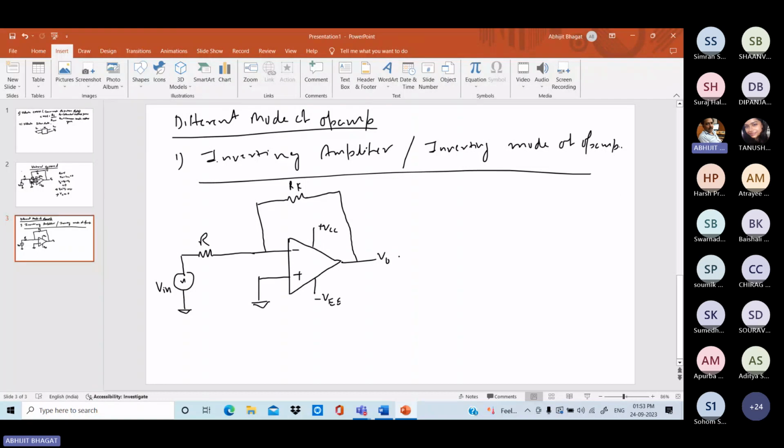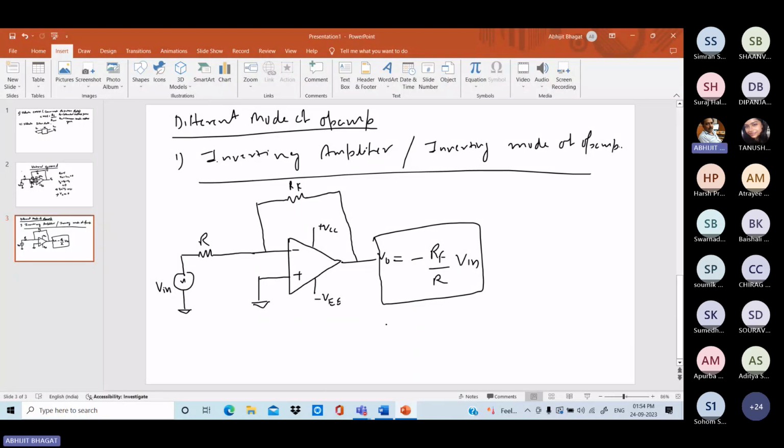Here your output voltage V0 equals minus RF by R into Vin. This is the output voltage. So V0 equals minus RF by R or Rin.